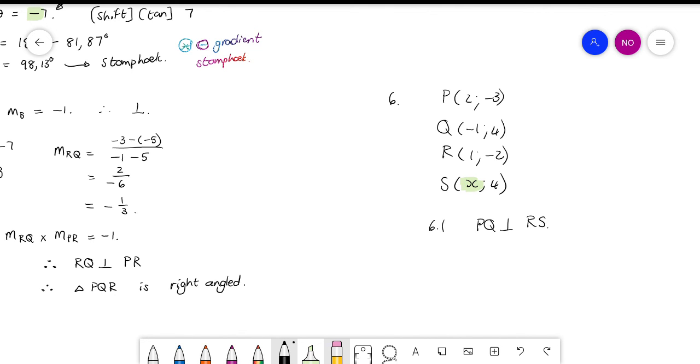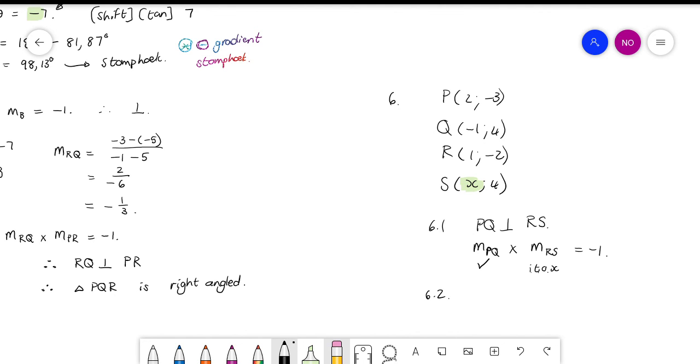We know that must mean that the gradient of PQ, which you can calculate, times the gradient of RS, which you can calculate in terms of x, must be equal to -1. If you do that and solve for x, then you will find the values.